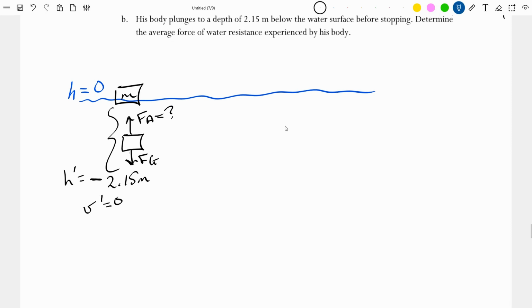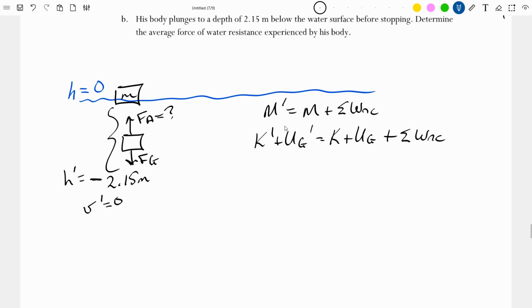Okay, I think that's all pretty good to go. So, the usual approach. The ending energy down there, when you're at your depth, is equal to starting energy, and I'm considering that the moment you hit the surface, plus any work that was done along the way by things like water. So K prime plus U gravity prime equal to the kinetic energy, the gravitational potential energy, and the net work done along the way.